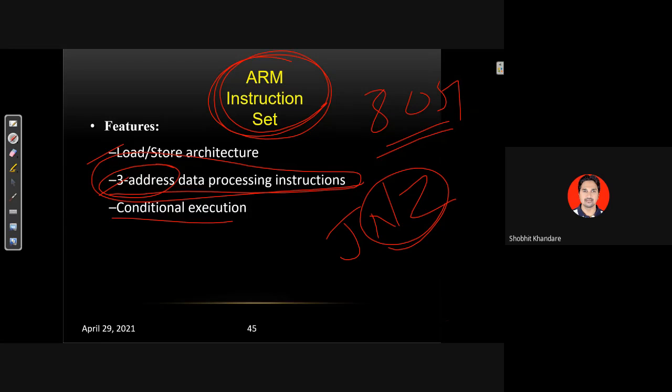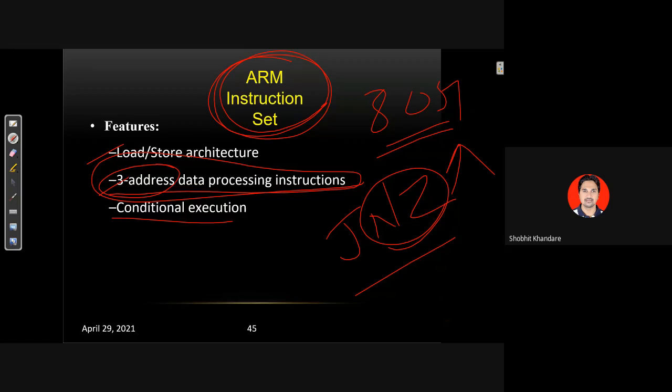Jump if non-zero. Now this is a conditional jump. Only if it is non-zero do I jump. If it is not non-zero, I will not jump, I will execute the next instruction. That is the meaning. This is an example I am talking about for 8051.